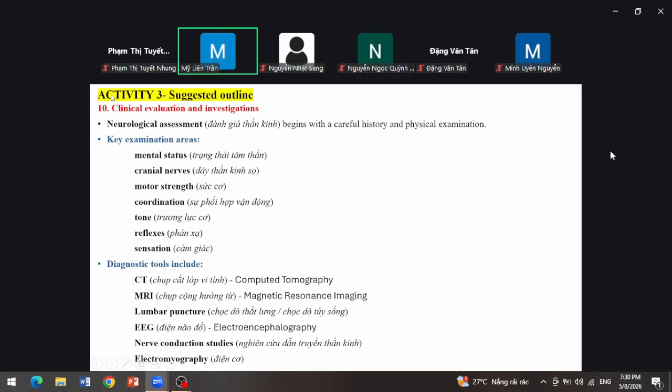Part 10. Clinical evaluations and investigations. Đánh giá và thăm khám lâm sàng. Neurological assessment begins with a careful history and physical examination.